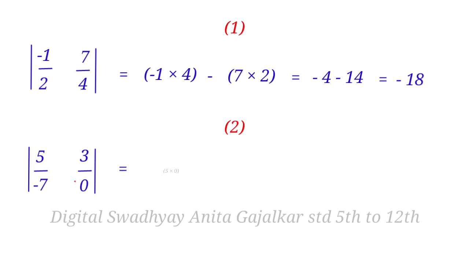Equal to 5 into 0 minus 3 into minus 7 equal to 0 plus 21 equal to 21.